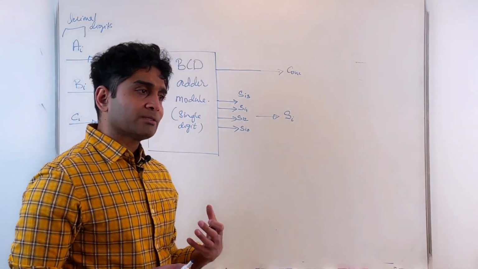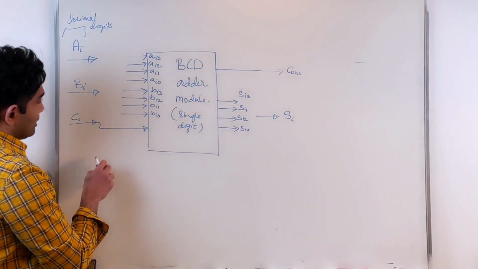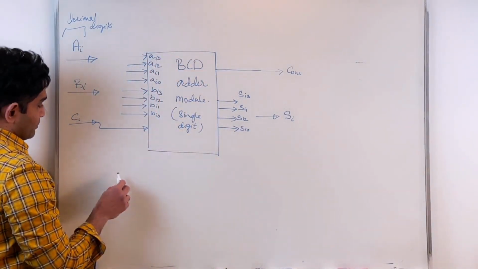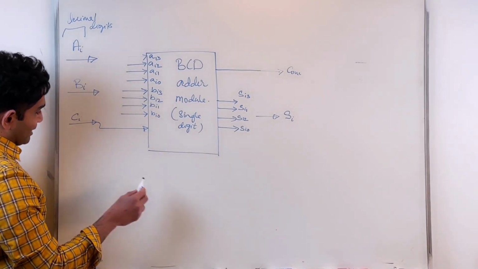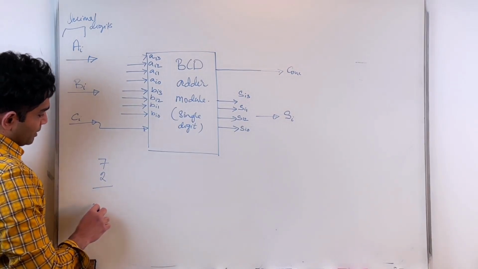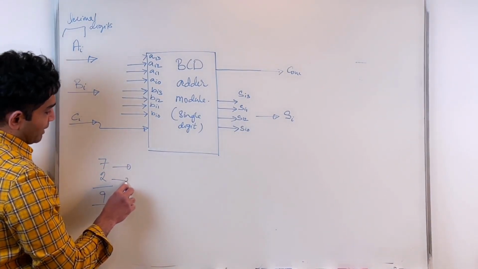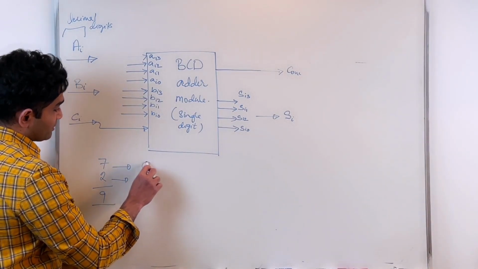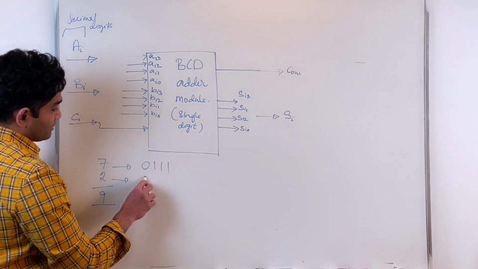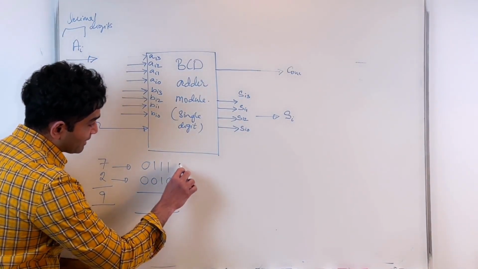Like how about the fact that, if I take 2 examples, we have looked at the examples in the last class. When I add 2 decimal digits together, let's say 7 and 2, I get the answer 9. The corresponding binary coded decimal values for these are 0111 and 0010. I add them together.